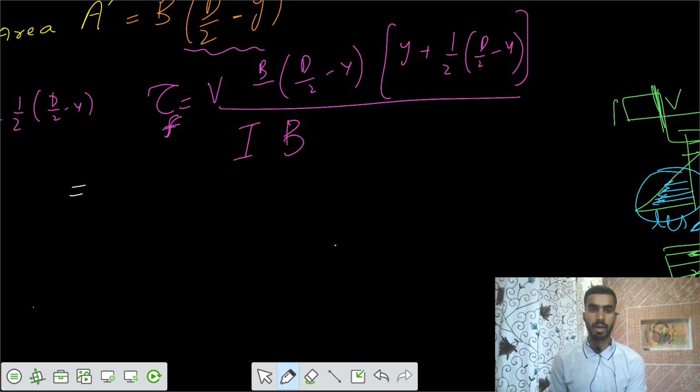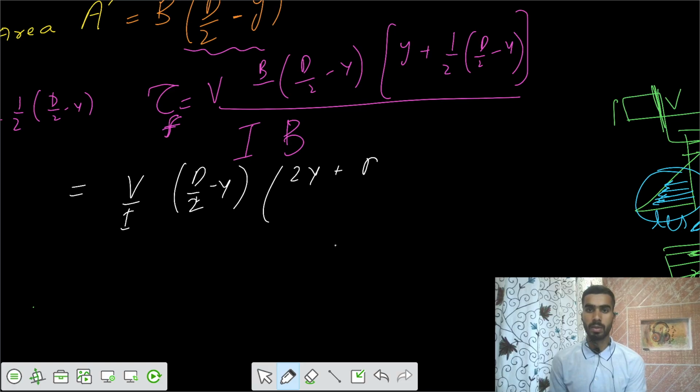Then if you simplify it, we can write it as V by I, d by 2 minus y times 2y plus d by 2 minus y, divided by 2.